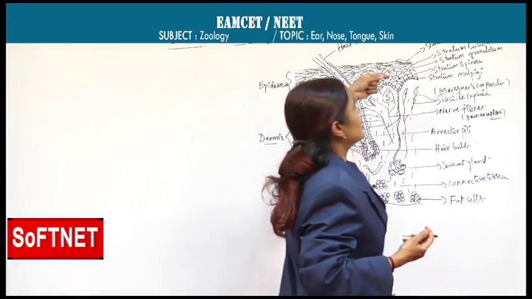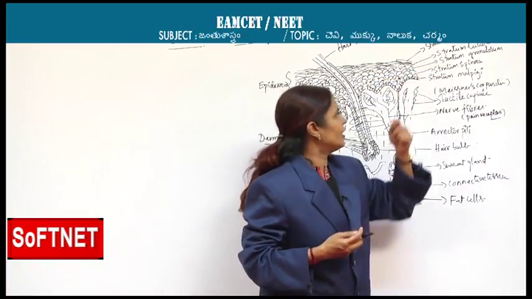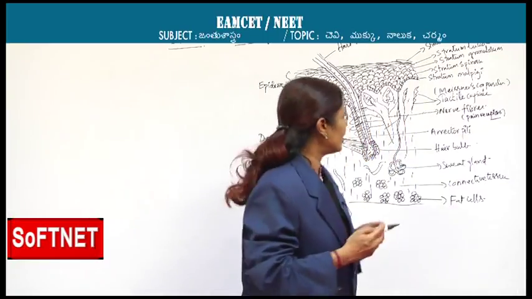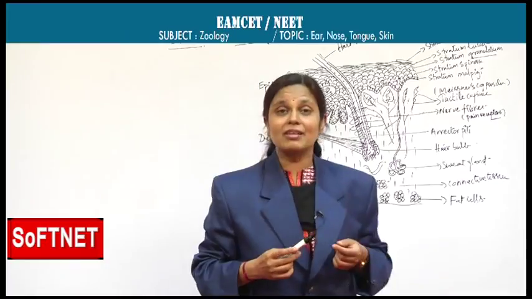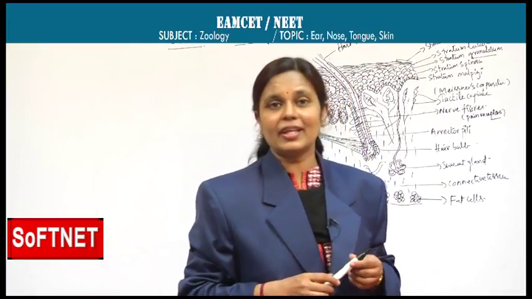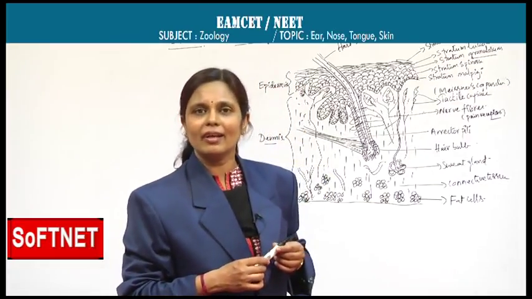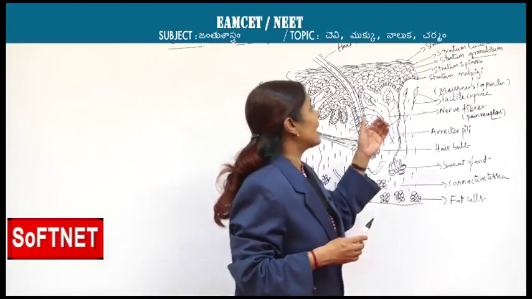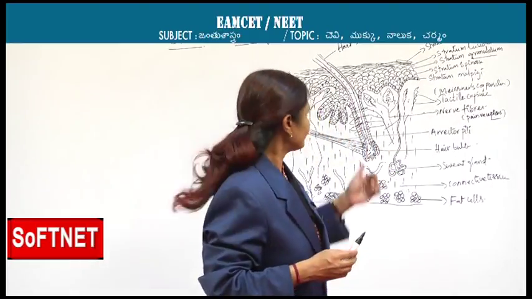Now, above this spinosum, you find a layer called stratum granulosum. As the name itself indicates, it is provided with special granules that take basic stains called keratohyalin granules. Keratohyalin granules are present scattered in the cytoplasm but not in the cell organelles.